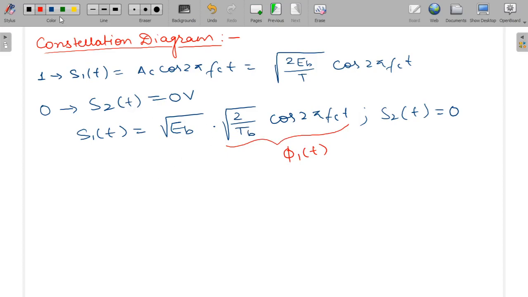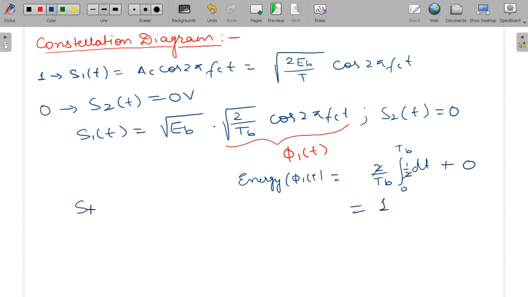Okay, because see, the energy of phi 1(t) will be the square of this, so it will be 2 by Tb, integral from 0 to Tb, and cos square 2 pi fc t we can break into 1 by 2 plus cos 4 pi fc t by 2, and the next part's integration will be 0, so the 2s get cancelled, so the energy will be 1.